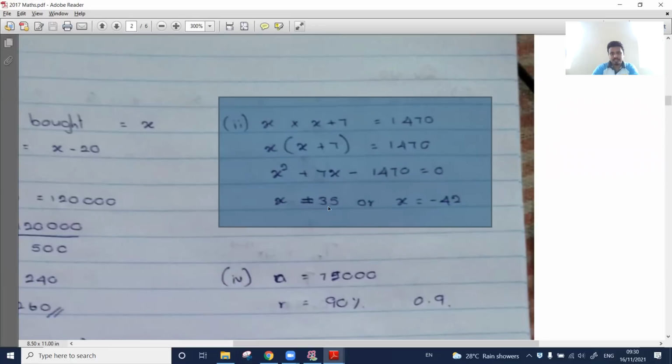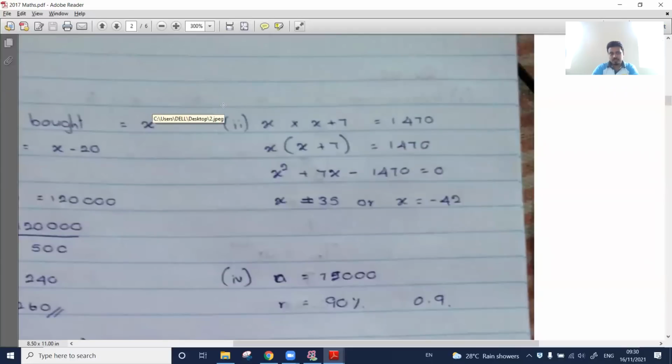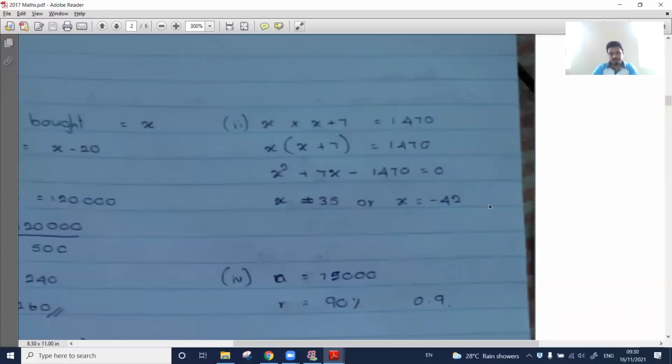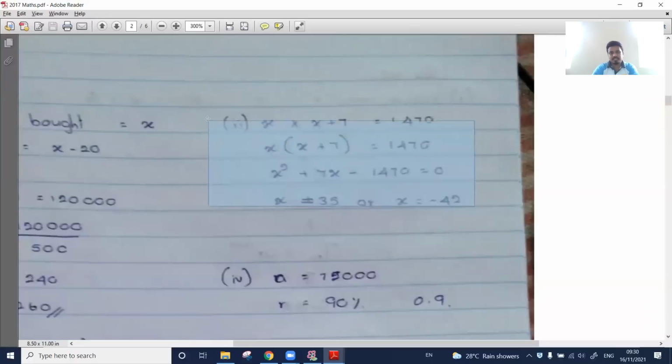We got the value of x as 35. Therefore, the first multiple of 7 is 35, and the second multiple of 7, that is x plus 7, should be 42. This is half complete.